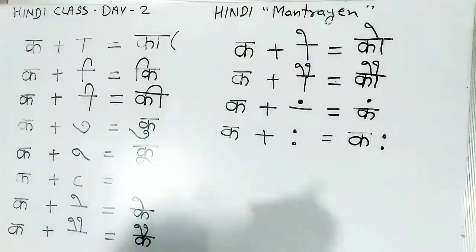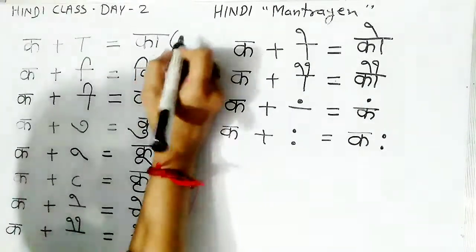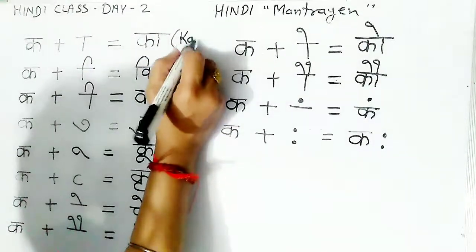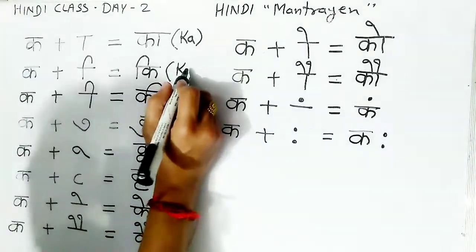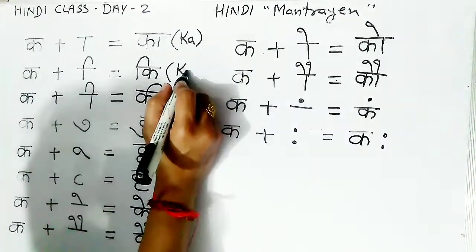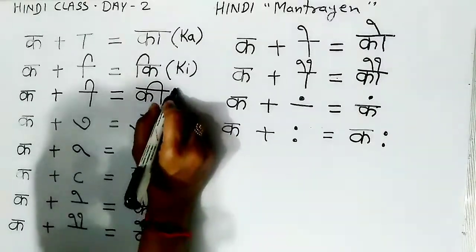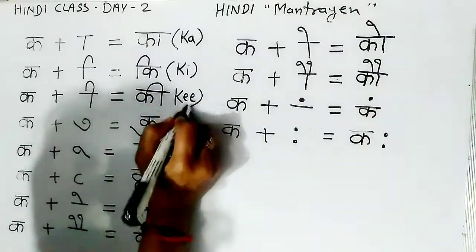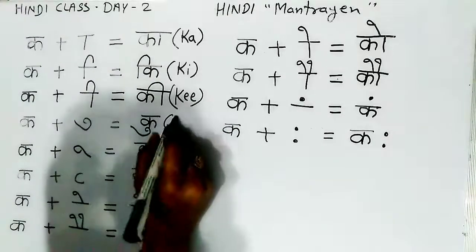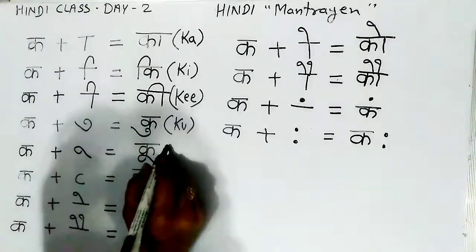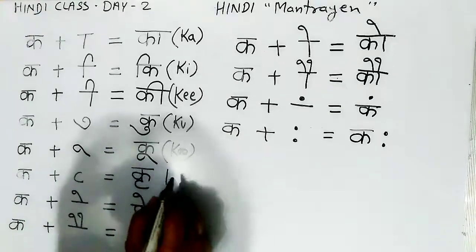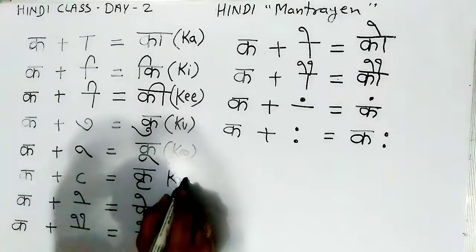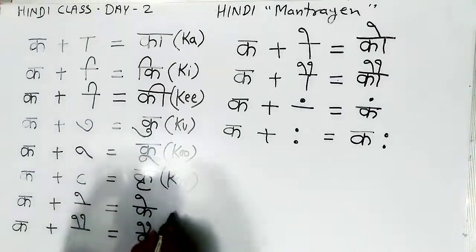I have to write the spelling here. This is Ka. Ki. Kee. Ku. Koo. Kri. Ke.